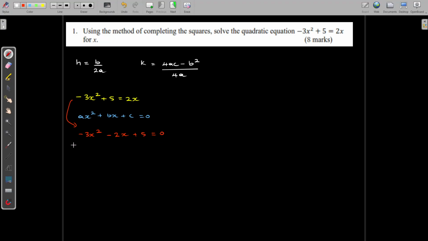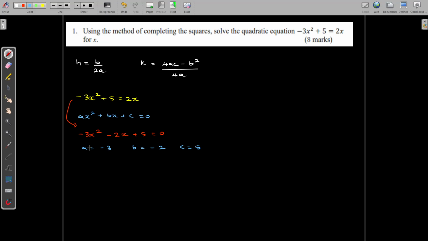Now that we have this in the general form of a quadratic, we can write what a is. So a would be negative 3. The a is the coefficient of the x squared term. The b would be the coefficient of the x term, so that's negative 2, and the c would be 5.